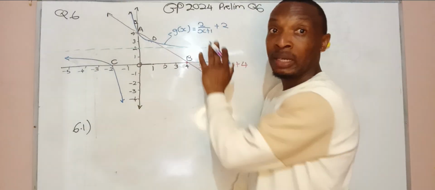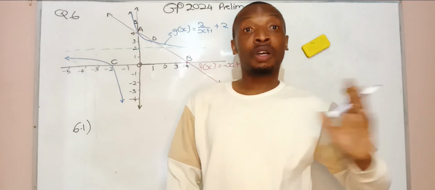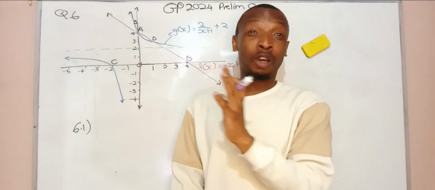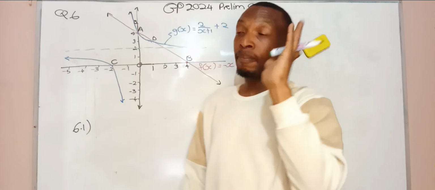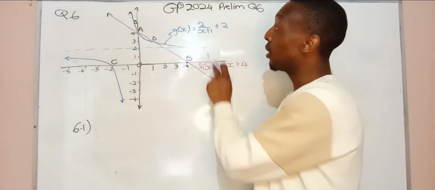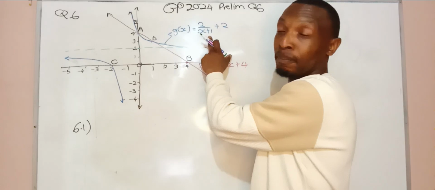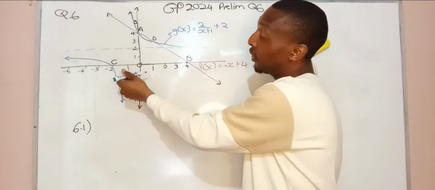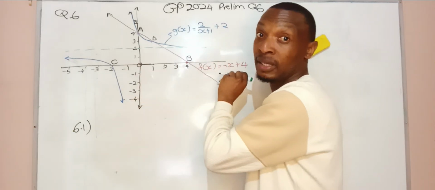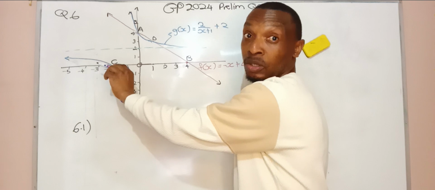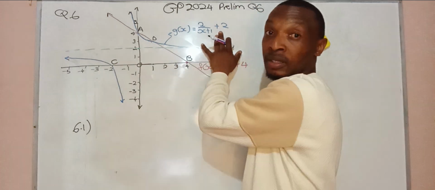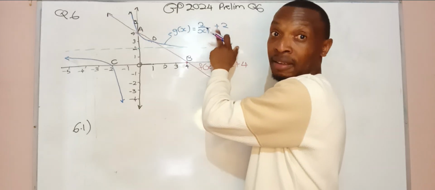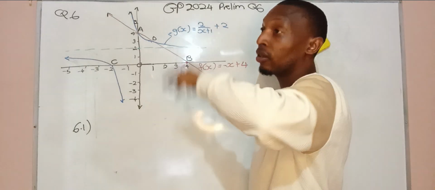This plus 1 means the graph shifted horizontally. So the vertical asymptote is no longer the y-axis. Now remember, it works backwards. Got a plus 1 here. It doesn't mean that the graph shifted to the right. It means the graph shifted to the left. It always works back to front and opposite. This one is fine. You can rely on the sign here. If the sign is positive, the graph went up.